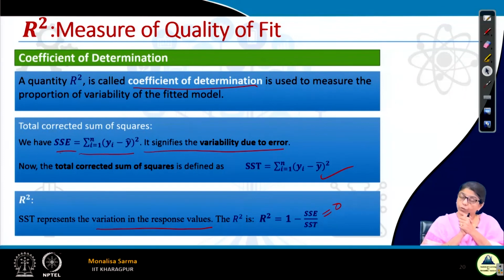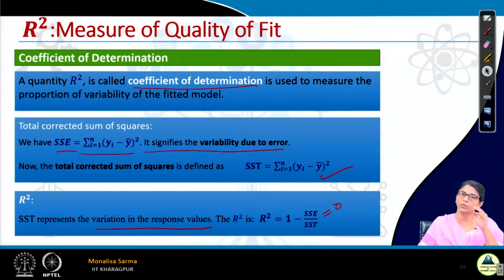Theoretically, my R square value can be less than 0 also. Under what situation will it be less than 0? When my SSE value is bigger than SST. Please pay attention.